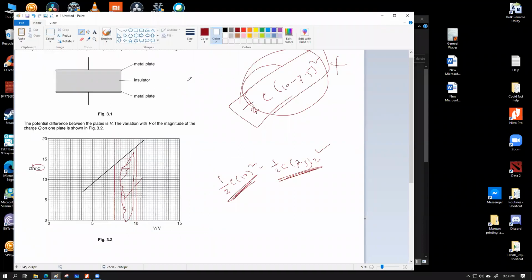No. For a capacitor, C equals Q by V, not del Q by del V. But it would work for this graph because it's a straight line, but it's just like resistance, right? Like resistance is not equal to del V by del I. Yes. So yes, in a similar way, C is only equal to Q by V. Yes. Del Q by del V.